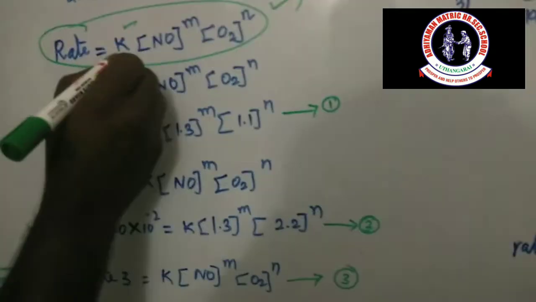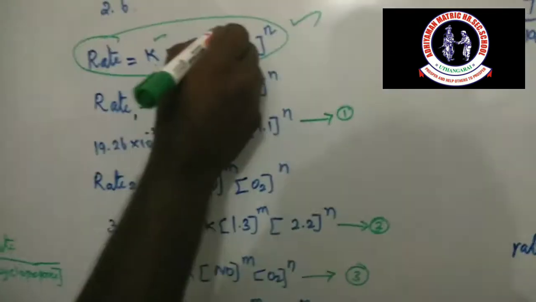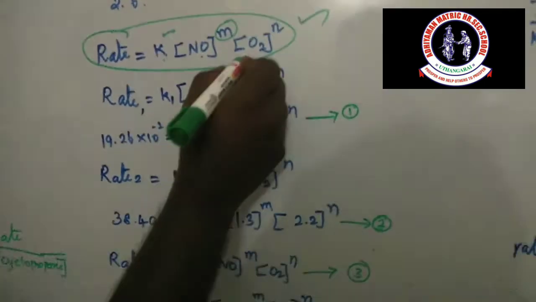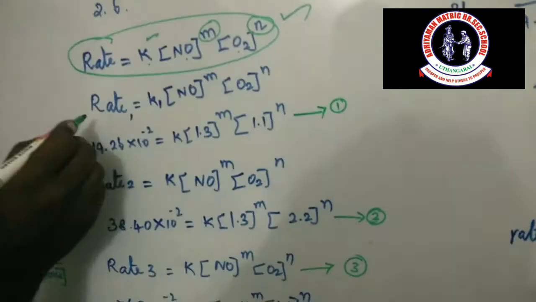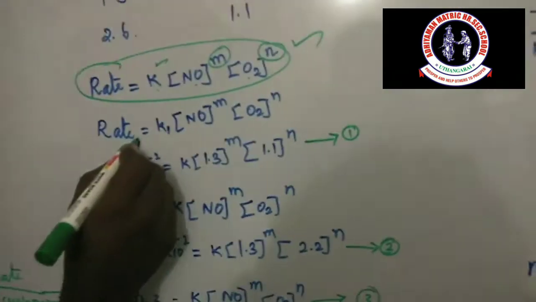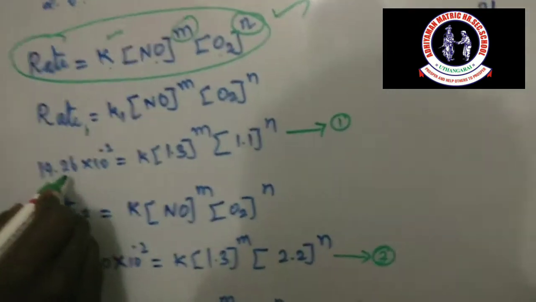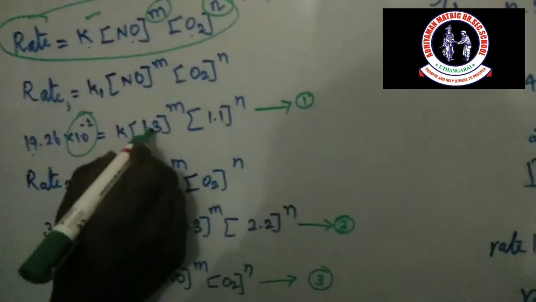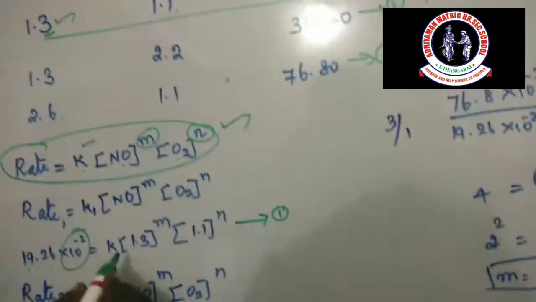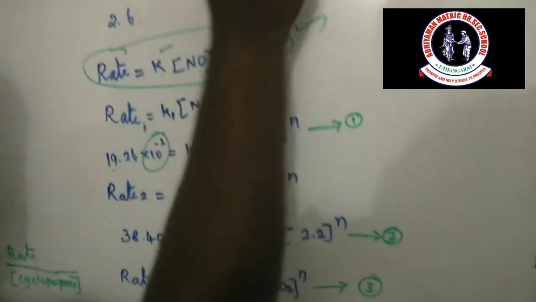So rate is equal to K into nitrogen monoxide, which is one of the reactants, concentration to the power M, and oxygen concentration to the power N. So for the first equation, the rate is 19.26 into 10 to the power of minus 2, and K into 1.3. The values are given: 1.3 for M and 1.1 for N.